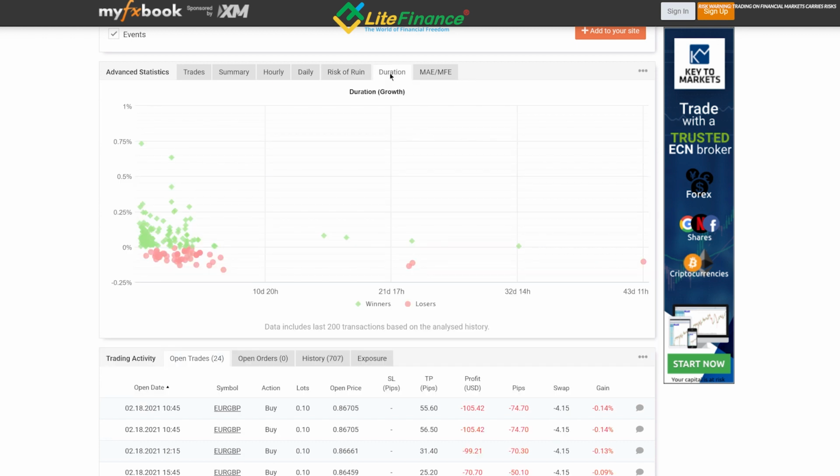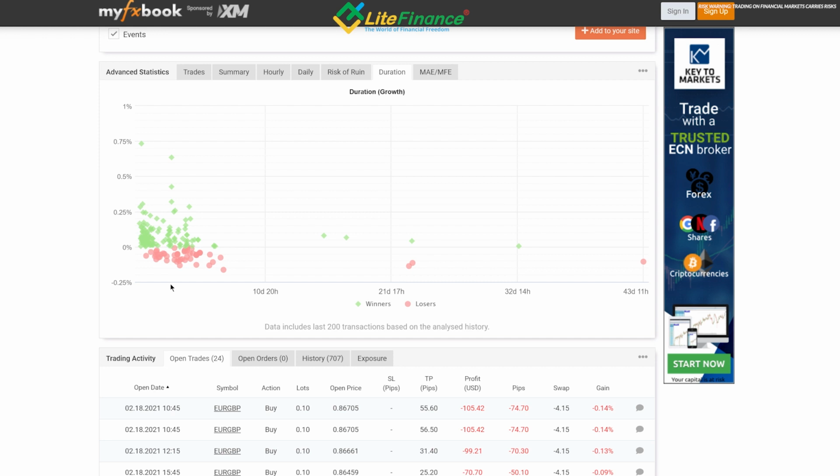So next we have the duration. And unlike the previous section, this tab is quite useful, though its analytics still leaves many questions. It displays statistics that show a few moments. The first one is the trade duration, and the more to the right is the dot in the chart, the longer the trader holds a position open.